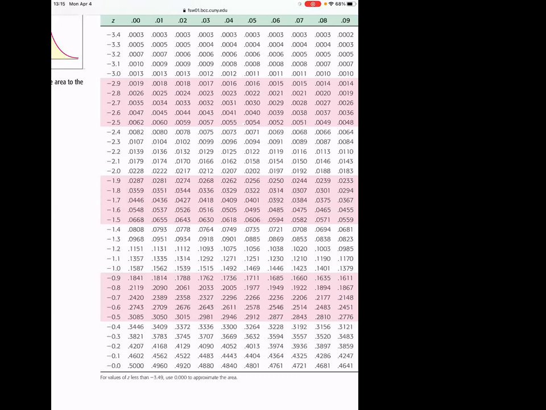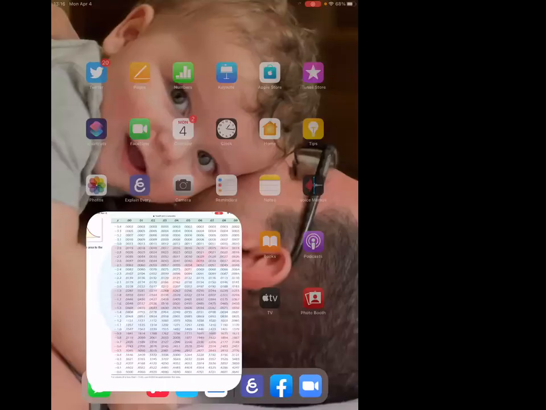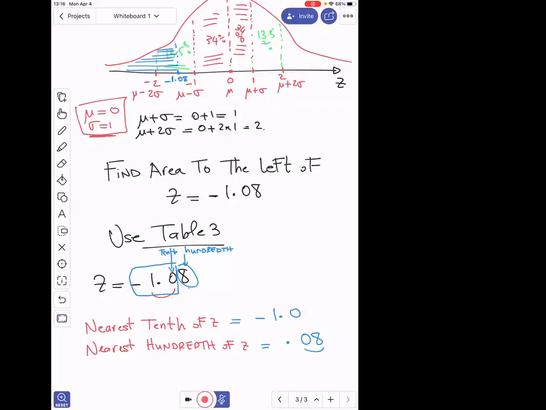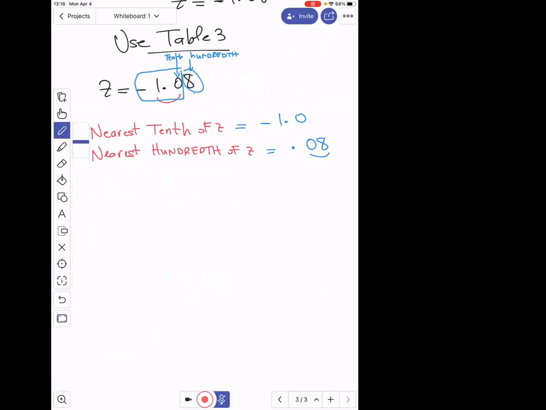So the corresponding answer, if your nearest tenth is negative 1.0 and the hundredth is 0.08, would be 0.1401. Okay, let me explain again with the board. What I'm saying, guys, is the following. You have your Z.